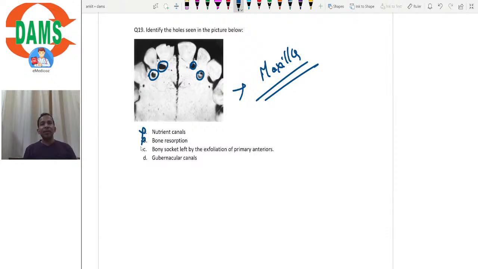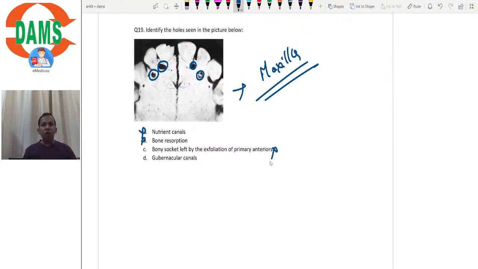The permanent anteriors erupt on the lingual side of the deciduous anteriors. So we can appreciate that these holes are on the lingual side of the teeth seen in this diagram. On the lingual side it definitely cannot be primary; permanent can be. Primary has to be towards the labial and permanent are on the lingual side, isn't it? So even option C is ruled out.